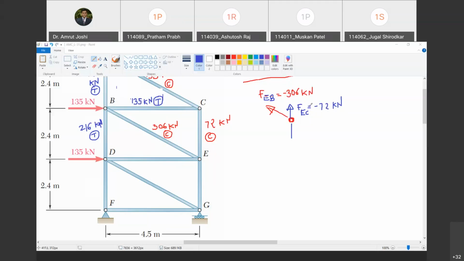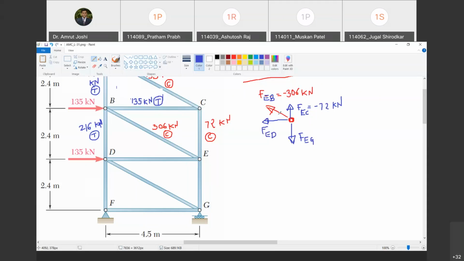So now we have to draw the force in member EG. I am going to call it FEG, tensile in nature. Are you with me? Yes, sir. I assume it to be tensile. Similarly, I am going to show this force and name it FED, and I am going to show it tensile in nature. That means pulling the pin. Are you with me? Yes, sir.